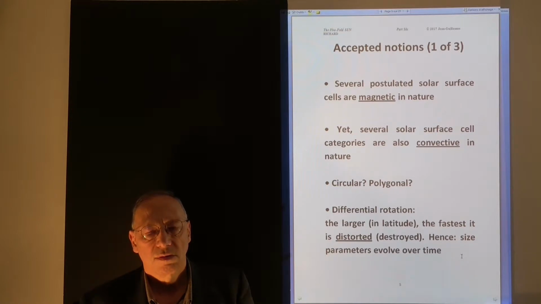There is also a variety of shapes that these cells can assume. Some are thought to be circular, some are thought to be polygonal. This entails some issues as to what is the correct parameter to assess the sizes of the entire set of cells. Then there is an important issue with the differential rotation.